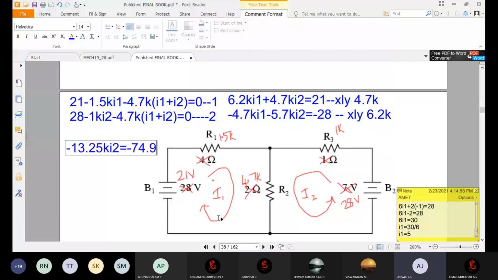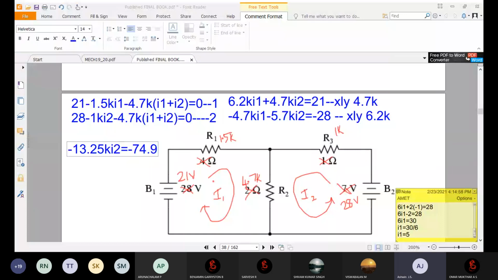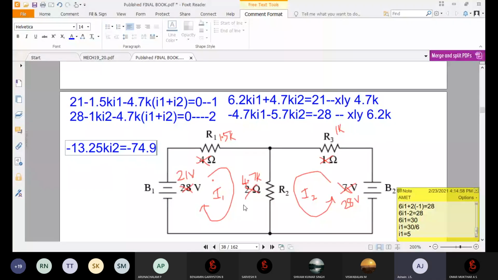One second. Sir, write the value of I2, sir. No, this is I2. Yes, sir. Write the value of I2.